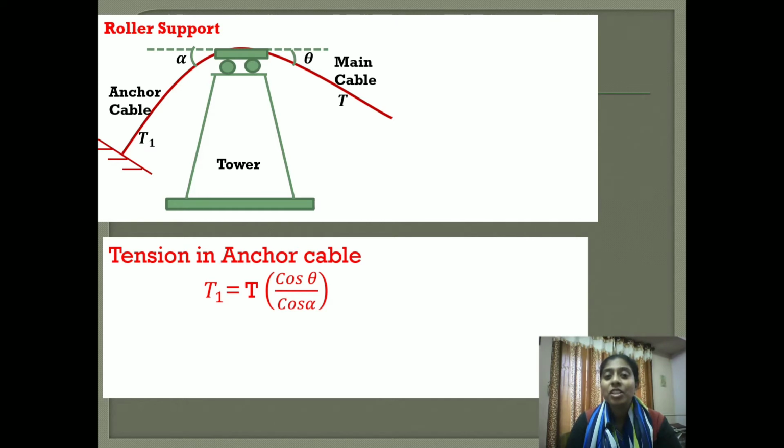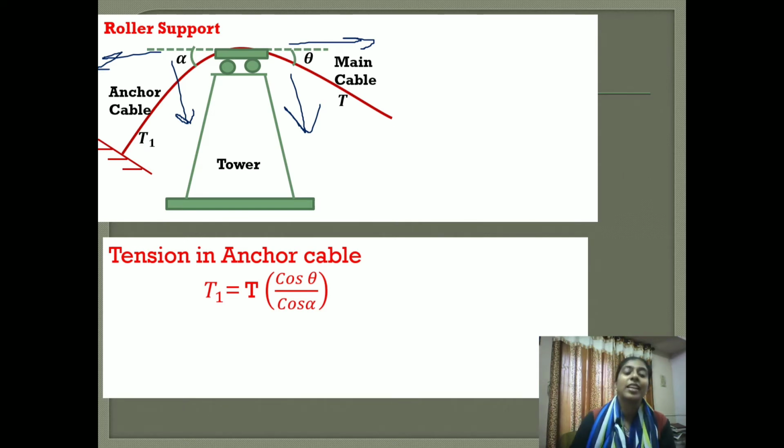So now the tension in the anchor cable is T1. We will resolve this horizontally and vertically. Taking the horizontal components, we get T1 cos alpha.